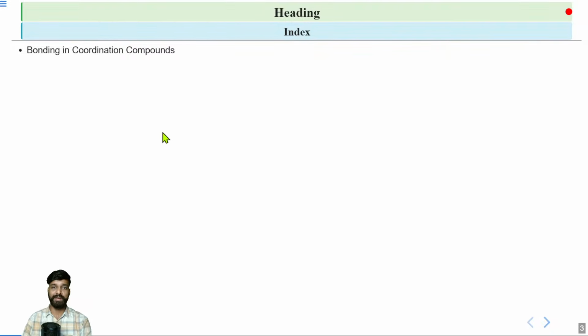So what are the topics that we are going to cover today? We are going to see the coordination compound.